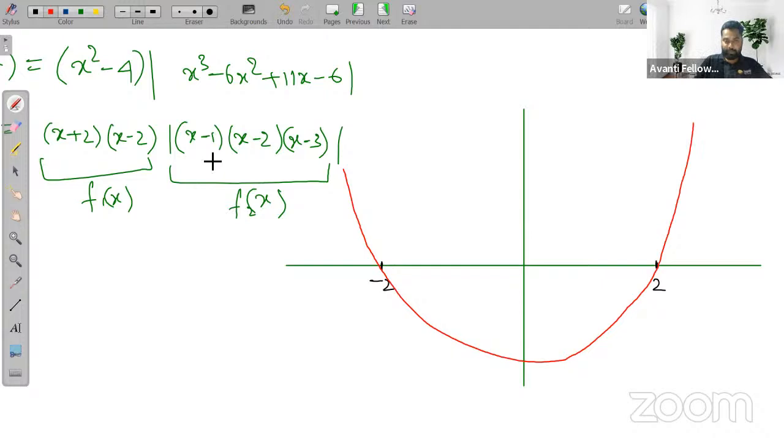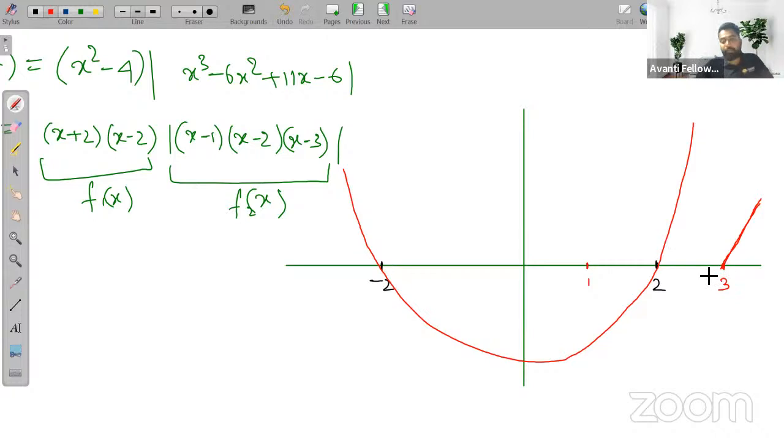Then come to the second function, (x-1)(x-2)(x-3). The roots are 1, 2, and 3. Now if you take any number greater than 3 and put it in this expression, it will give you a positive value. We start from the positive side and come to the point 3.